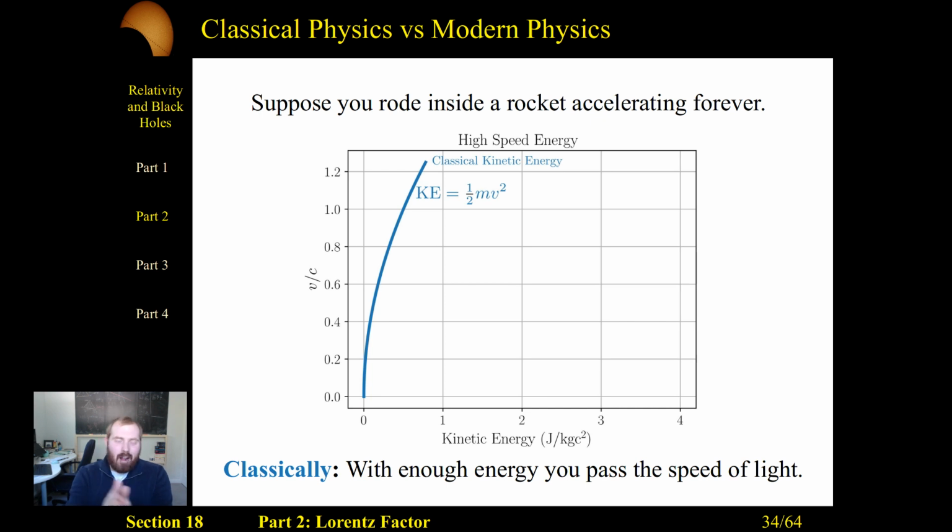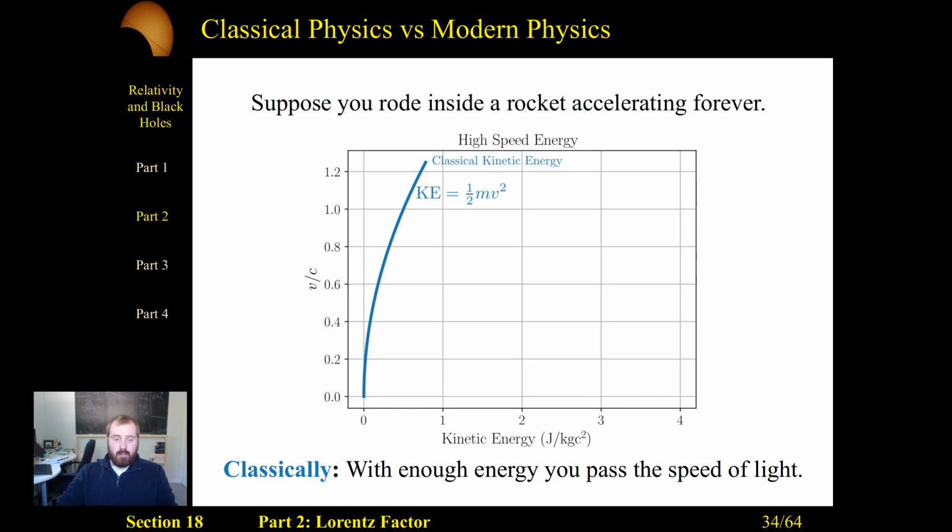So let's keep talking about this. Let's talk about classical versus modern physics, okay? Try and get more at these weird differences. Classically, if I stuck you in a rocket ship, gave you as much energy as you could imagine in the universe, and I just let you fly off through the cosmos, and you're going at a constant rate, this rocket can boost itself effectively forever.